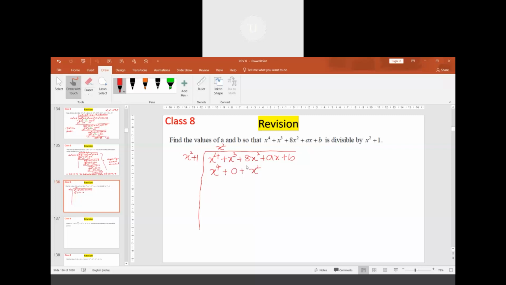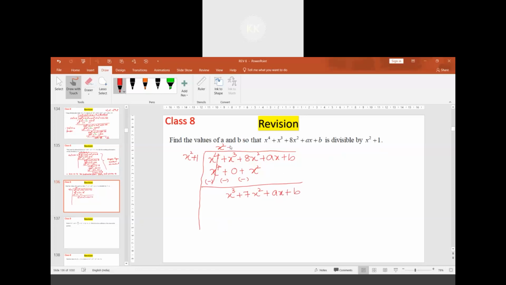Minus in all the terms, it cancels. x cube minus 0 is just x cube. From 8, subtracting 1, we get 7. So 7x square plus ax plus b.